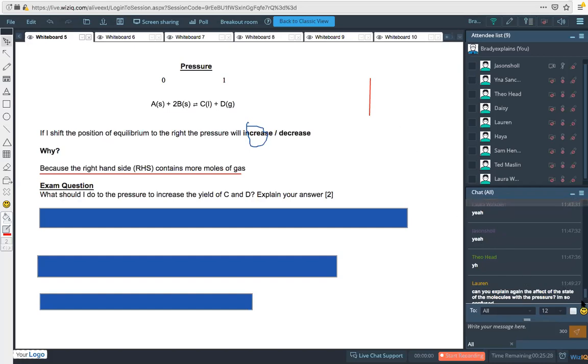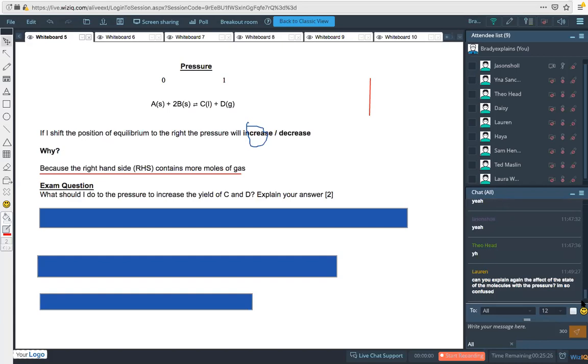Yeah, definitely. So can you explain the effect? When we're talking about causing pressure, only gases cause pressure of the type we're talking about. Let's look at this equation on my board: A plus 2B goes to C and D. A, as far as we're concerned, does not cause pressure because it's a solid.